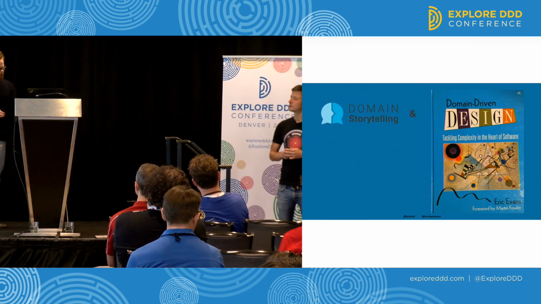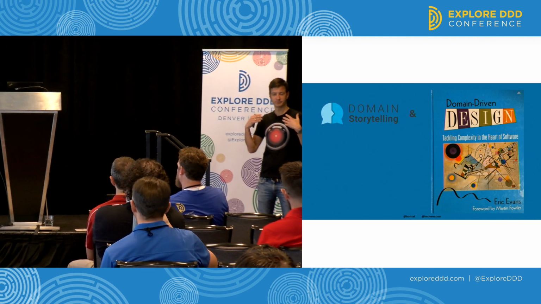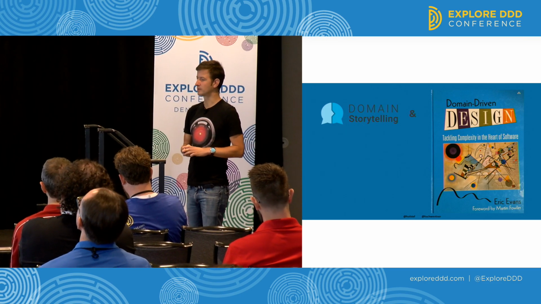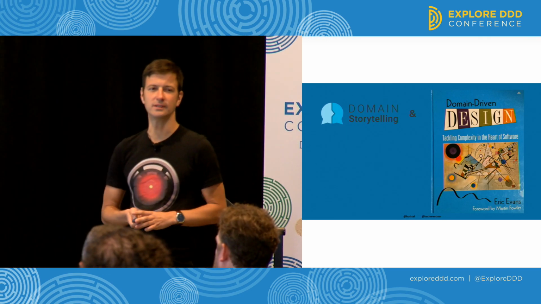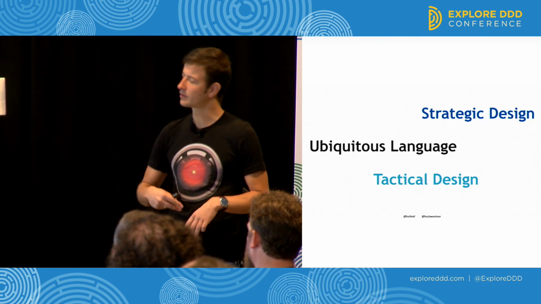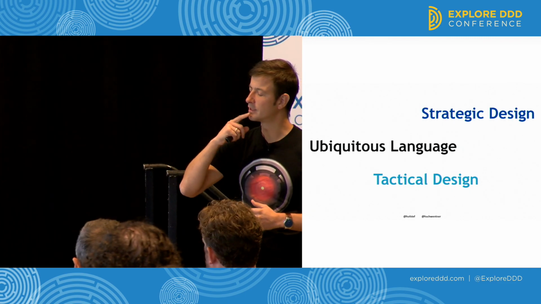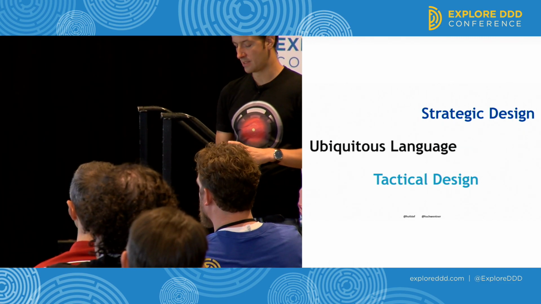So far we used domain storytelling only for knowledge crunching, to find out about and learn about our domain. But we also can use it for other parts of DDD. So when we look at these 3 pillars of DDD, strategic design, ubiquitous language, tactical design, it can help us for all of them.